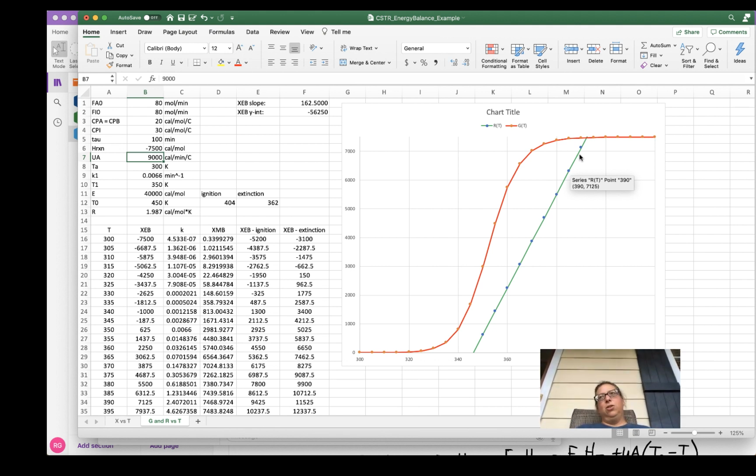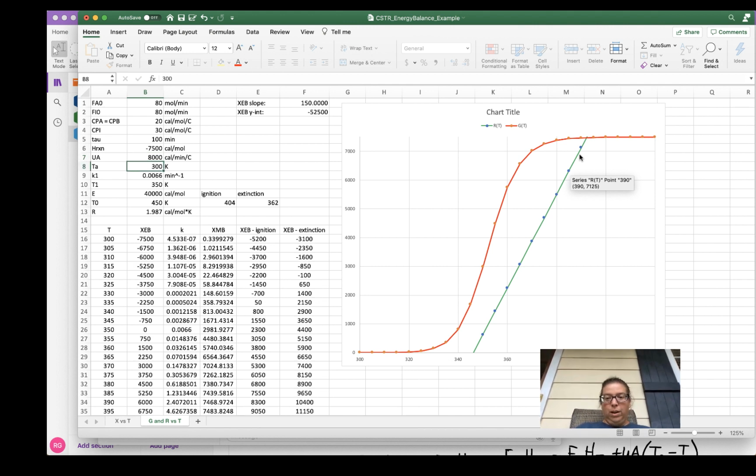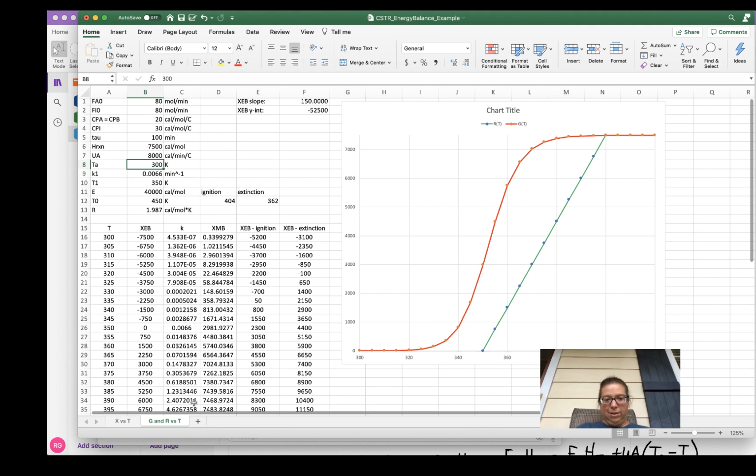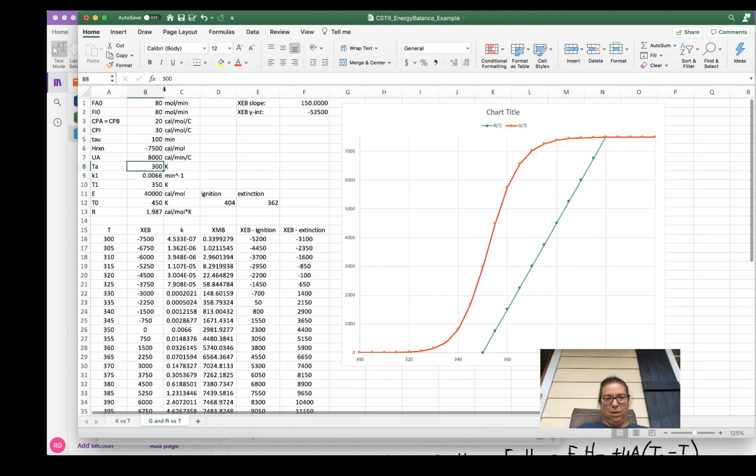So the heat transfer coefficient also plays a significant role in what the reactor temperature will be. So that's another thing to consider, the heat exchanger term, and if a reactor temperature needs to be a certain value, what heat exchanger term can be used to accomplish that. And that is all I want to say about this particular problem.